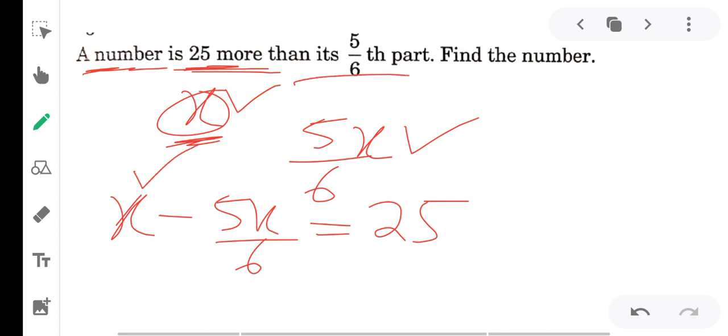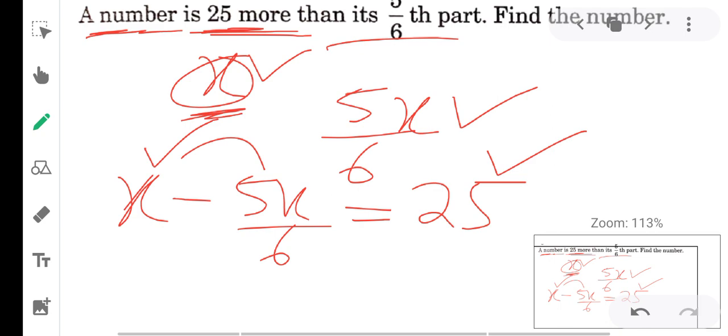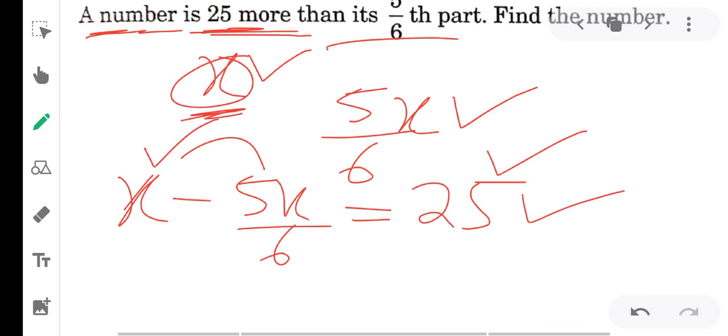That means the difference between them is 25. Understood? So now you can solve this equation, then you'll get the answer. So 6x minus 5x, that is x, equal to 25 into 6, that will be 150.